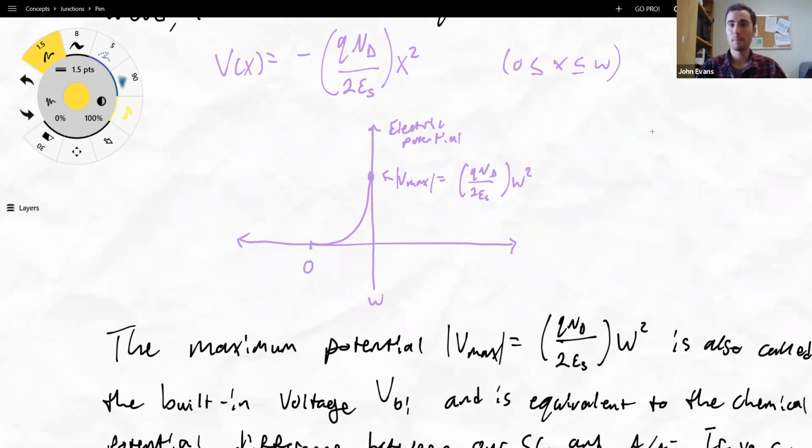We can define a maximum electric potential at x equals W. And that potential is this here. So it's going to be defined as Vmax. We're going to take the absolute value so we don't have to worry about this minus sign here. And its magnitude is going to be equal to our charge density divided by 2 times our dielectric constant multiplied by the depletion width squared.